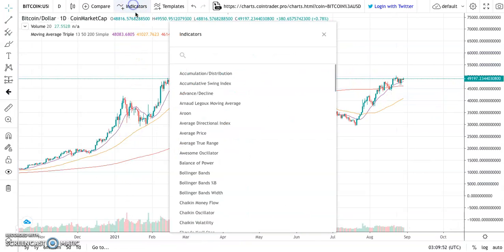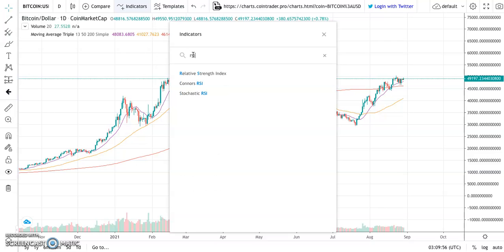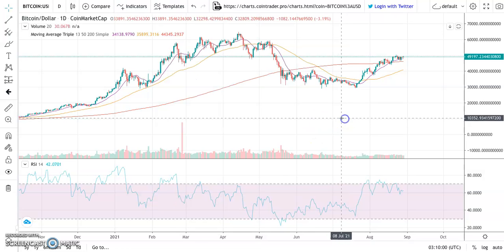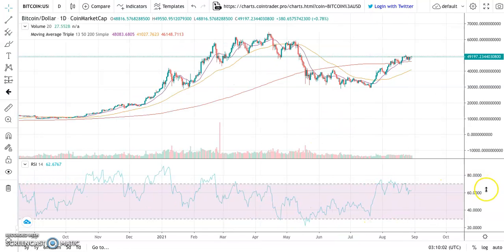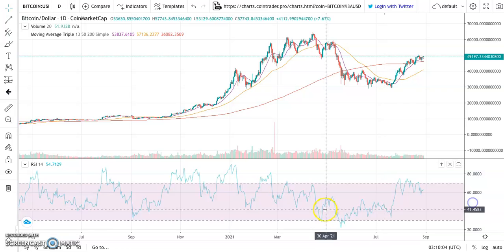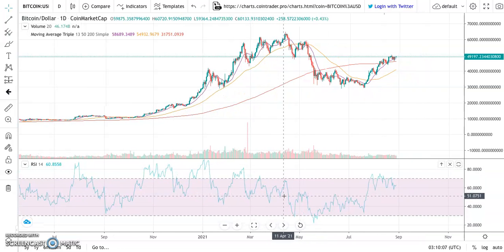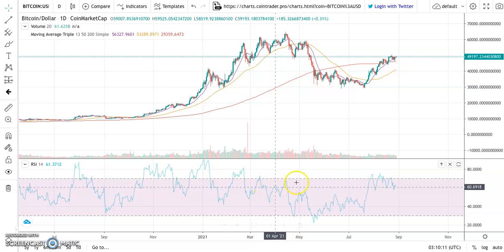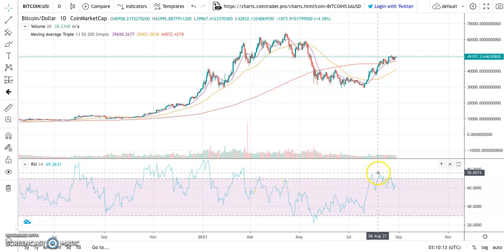Another nice indicator is the relative strength index, RSI, and I just get that in here. You see here basically divergence, which are indicators.